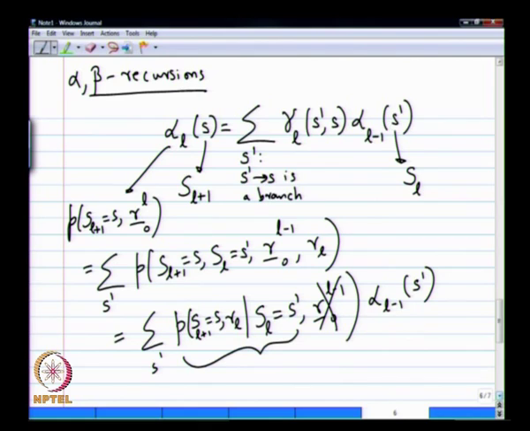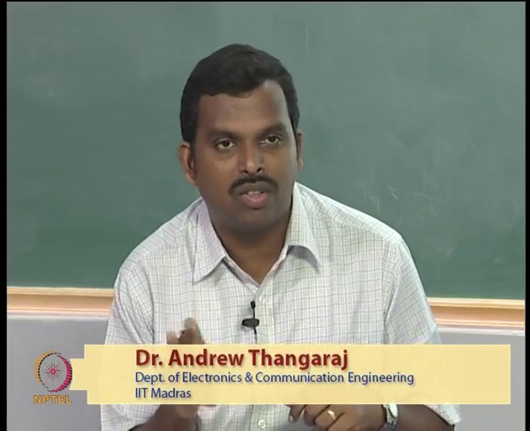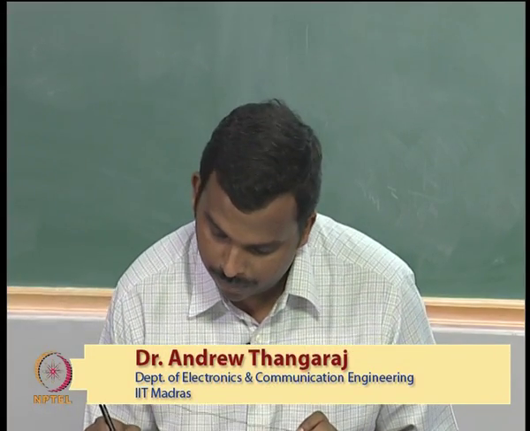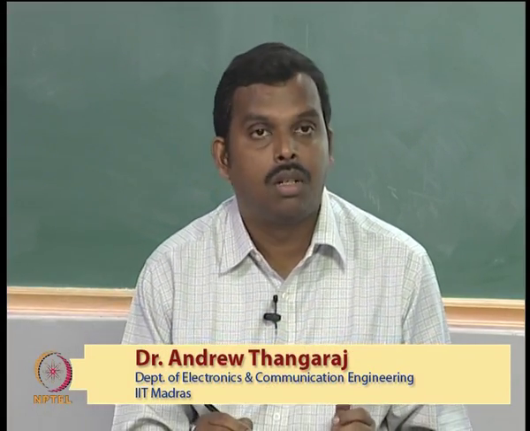You simply change alpha to beta here, and then instead of L and L minus 1 you put L minus 1 here and L there. S prime and S you have to reverse. So you get the same formula.